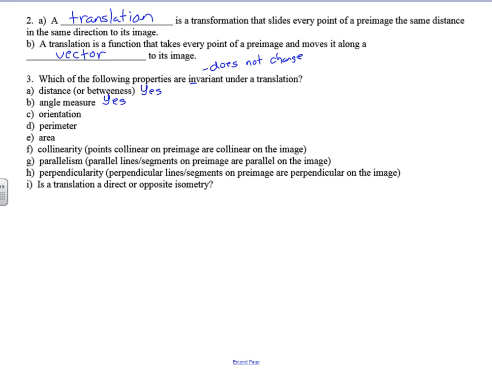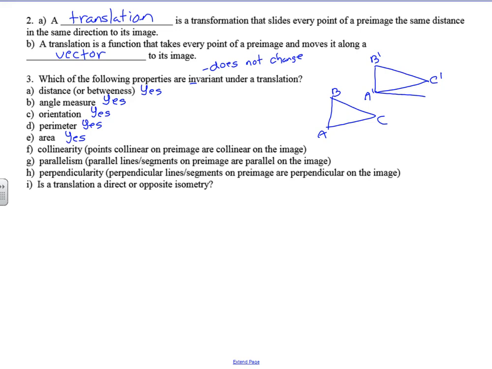Orientation means if we slide this triangle, which I'm doing a horrible job of drawing, if this is ABC and A prime, B prime, C prime, orientation is the order of the letters, whether you go clockwise or counterclockwise. That remains the same. Does the perimeter remain the same? Yes. Does the area? Yes, because it's a rigid motion. Nothing is changing in it.